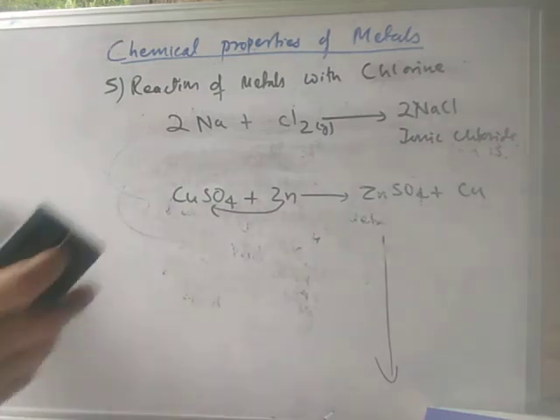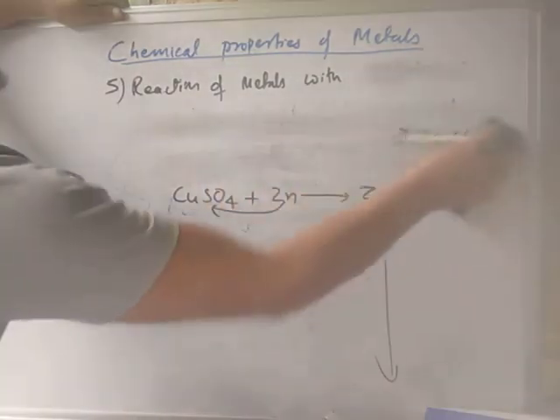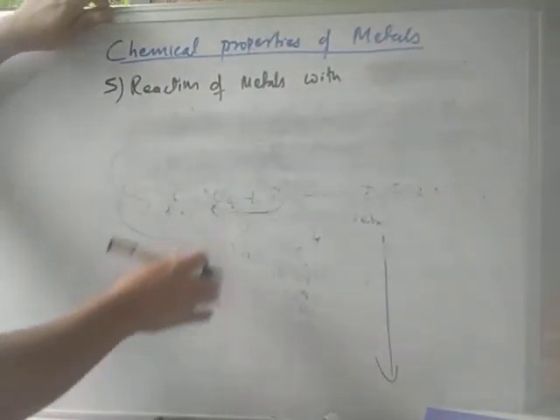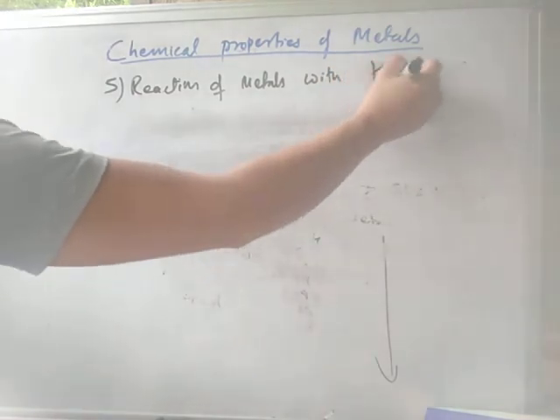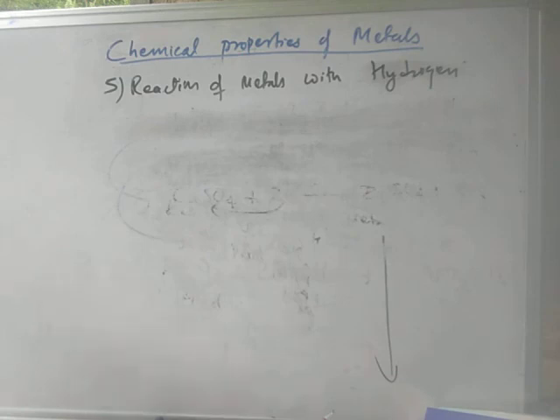Next, very important: metals react with hydrogen. Write down: most metals do not combine with hydrogen. Only a few reactive metals like sodium, potassium, calcium, magnesium react with hydrogen to form metal hydrides.